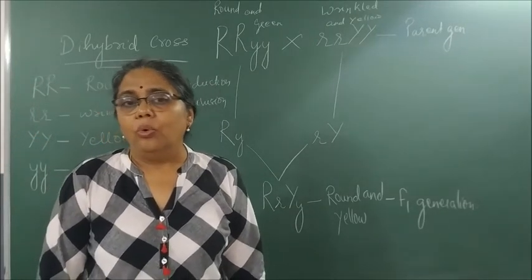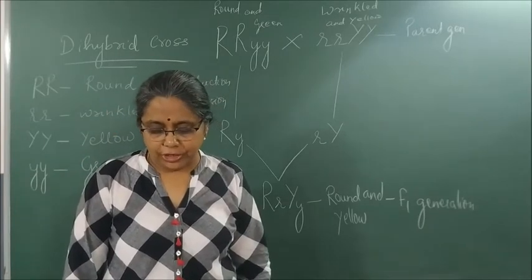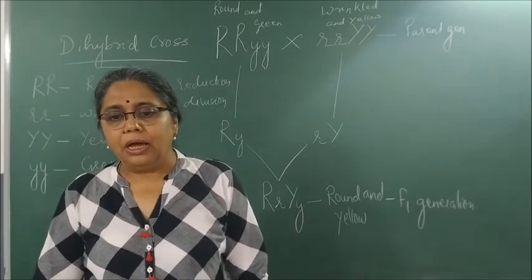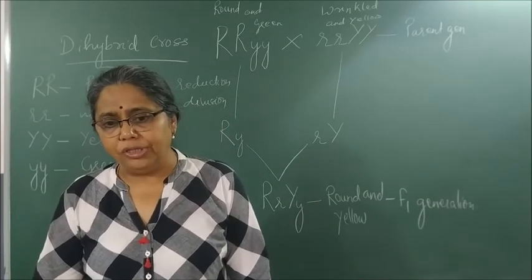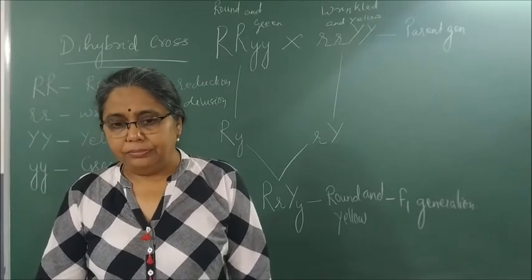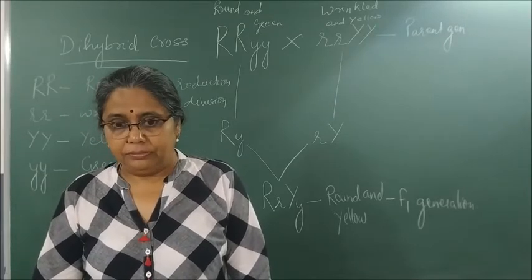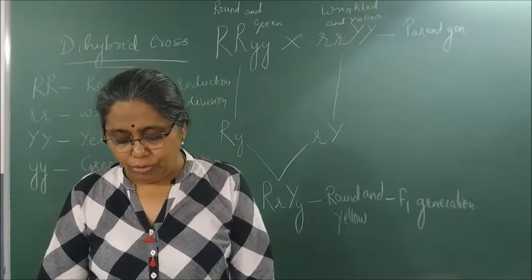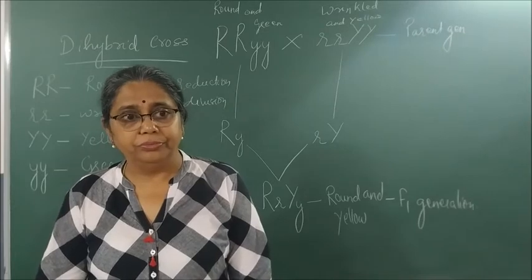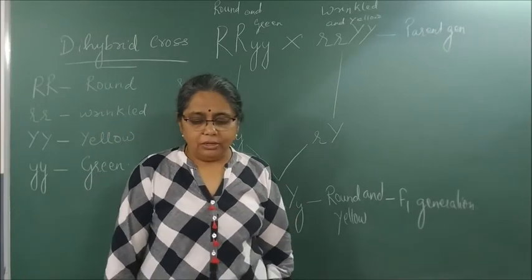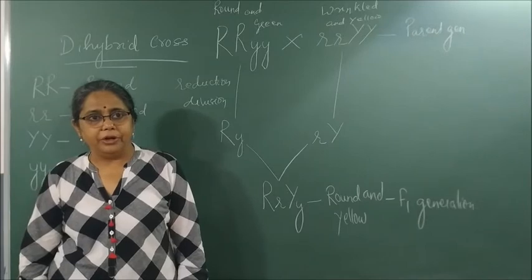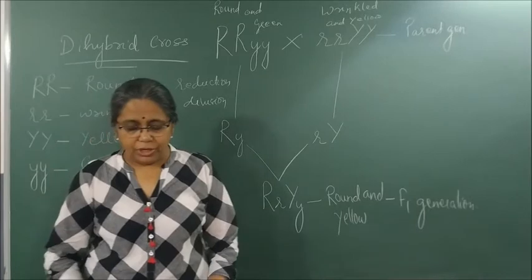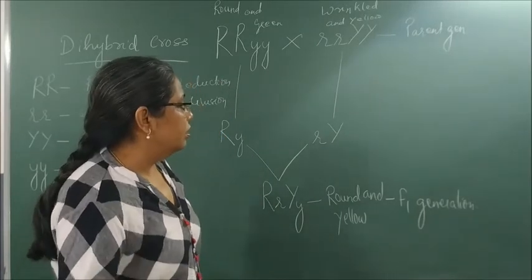Now write, when the plants of F1 generation are allowed to self-cross, we get the following dihybrid ratio, using which square? Punnett square.